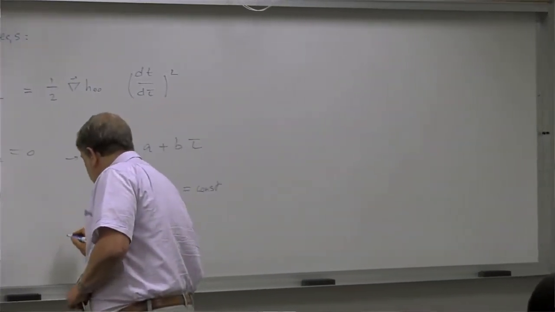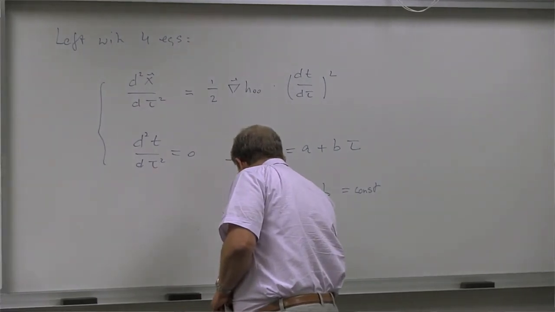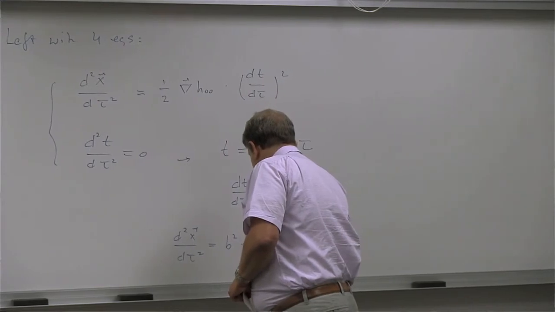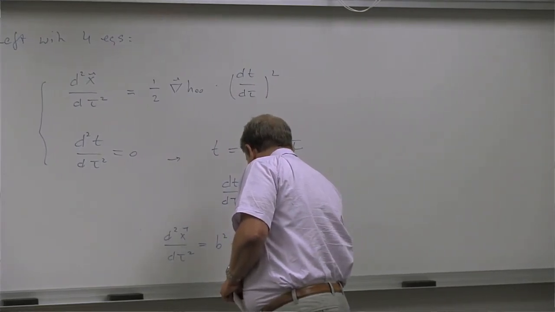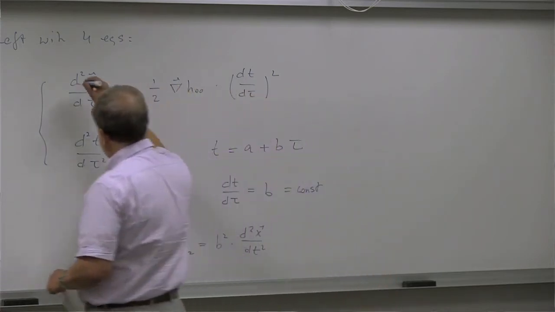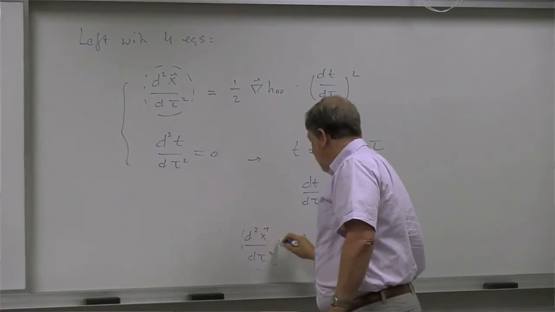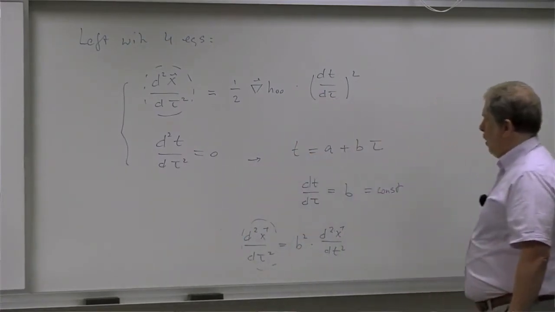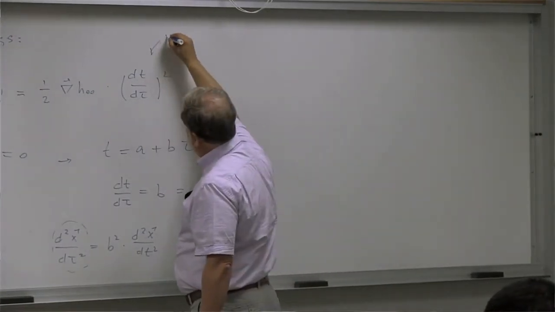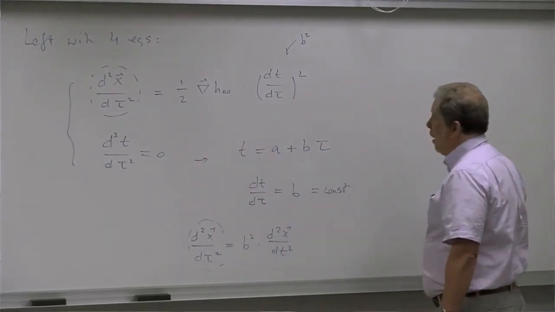But the second derivative of x with respect to tau squared is also equal to b squared times the second derivative of x with respect to t squared. So this second derivative also contains a b squared. And on this side we have that this thing is b squared, so the b squared cancels out.